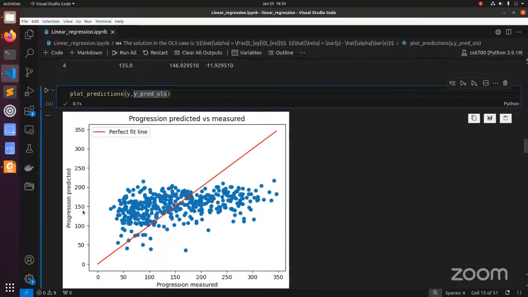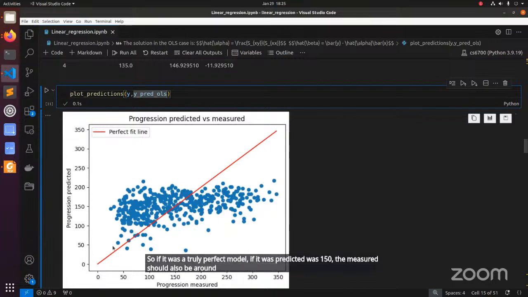Okay, so if the predicted value is 150, the measured value is all from 25 till 350. So you can see that it lies all over these lines. If it was a truly perfect model, if the predicted was 150, the measured should also be around 150, and then it will all follow the straight line.